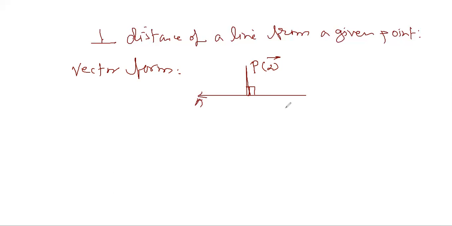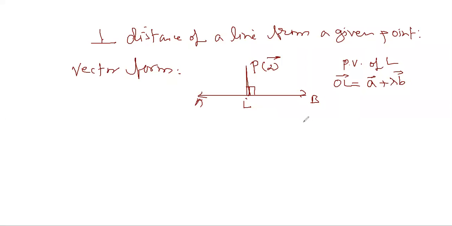This is the AB line, and this is PL. L is the foot of perpendicular from P on the line. What will be the position vector of L? So the position vector of L, that is OL, will be equal to A plus lambda B. That is OL.